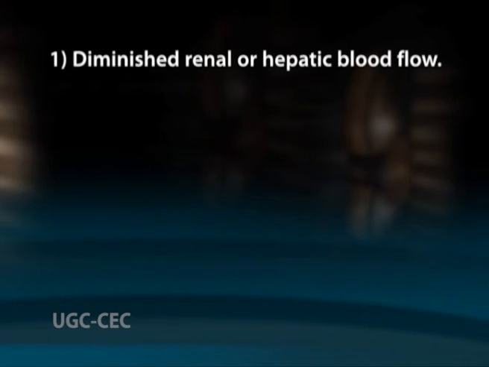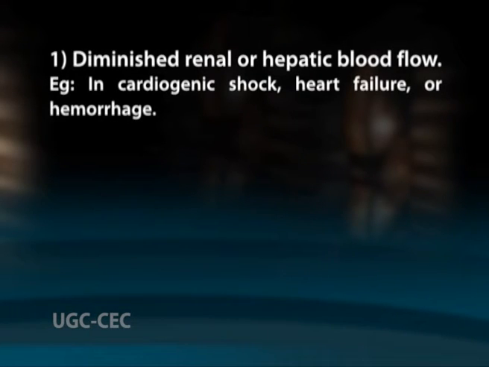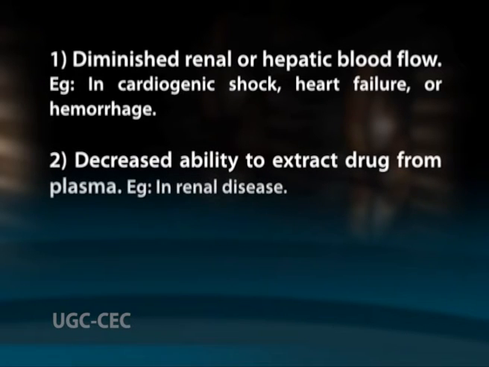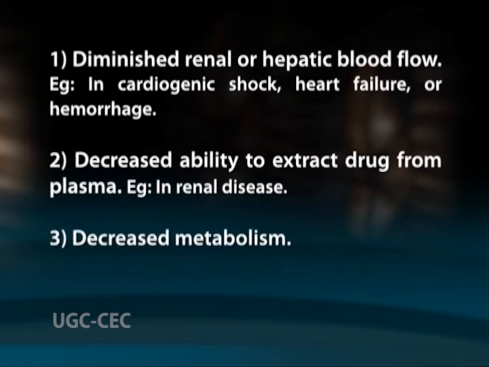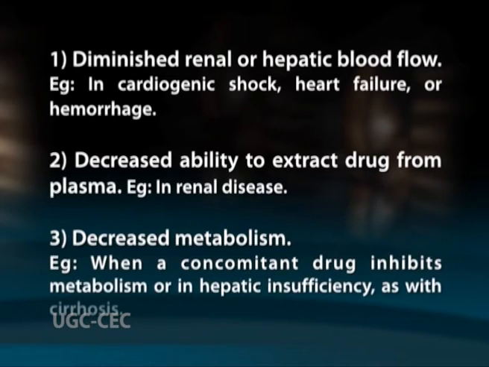Patients who may have an increase in drug half-life include those with diminished renal or hepatic blood flow, for example, in cardiogenic shock, heart failure or hemorrhage, or decreased ability to extract the drug from plasma, for example, in renal disease, and decreased metabolism, for example, when a concomitant drug inhibits metabolism, or in hepatic insufficiency as with cirrhosis. These patients may require a decrease in dosage or less frequent dosing intervals.